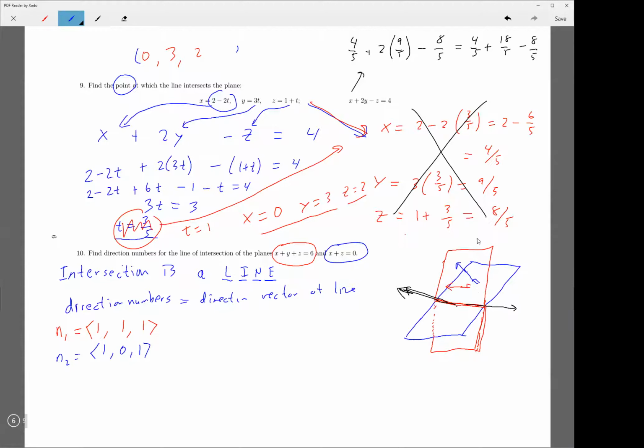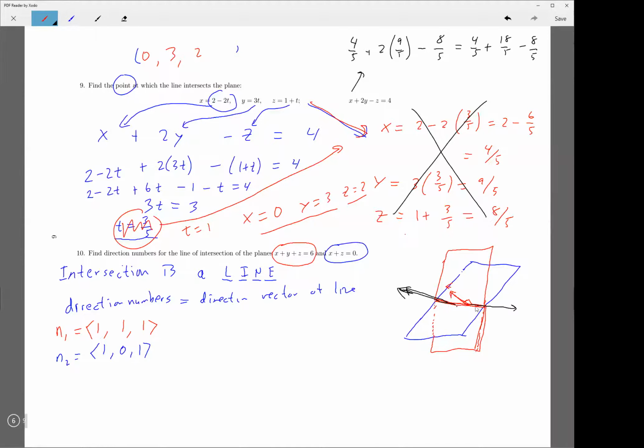and I guess I should have written it right here instead. So maybe I erase these, and maybe it'll be a little bit easier to see if I do it right here. So this vector on the red plane is normal to the plane, and this line is in the red plane.